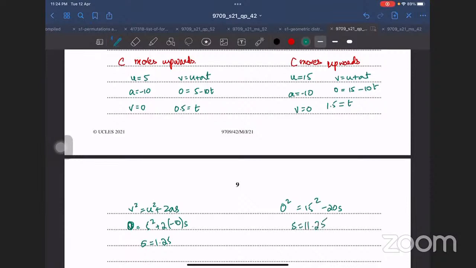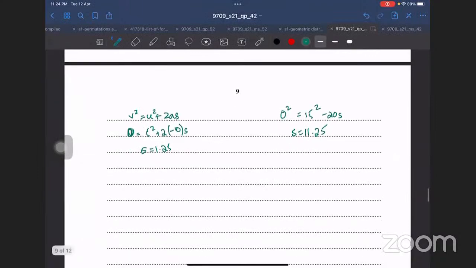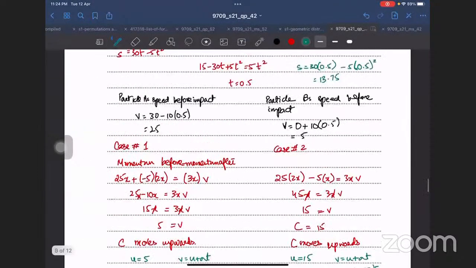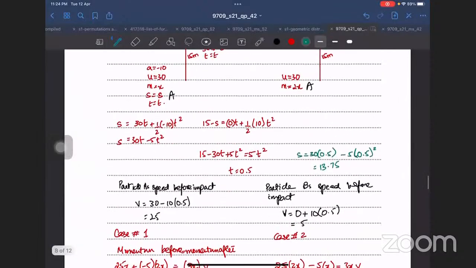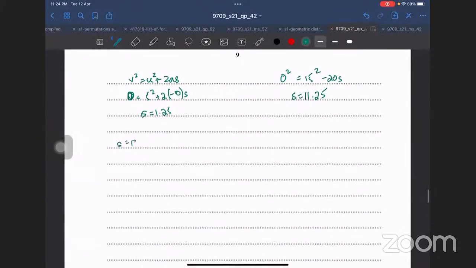So then coming down, I have a total distance of 13.75 plus 1.25. That gives me 15. And 13.75 plus 11.25 gives me 25. I have an acceleration of 10.